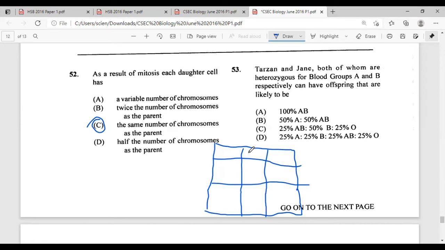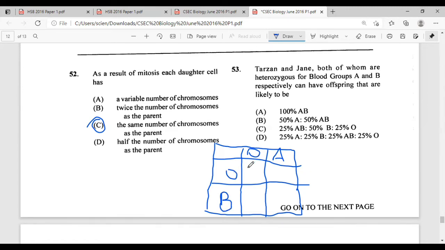So we would put O in one and then A in the next, and that would be for the father. And then for the mother, same thing, O in one, B for the next. Perfect.